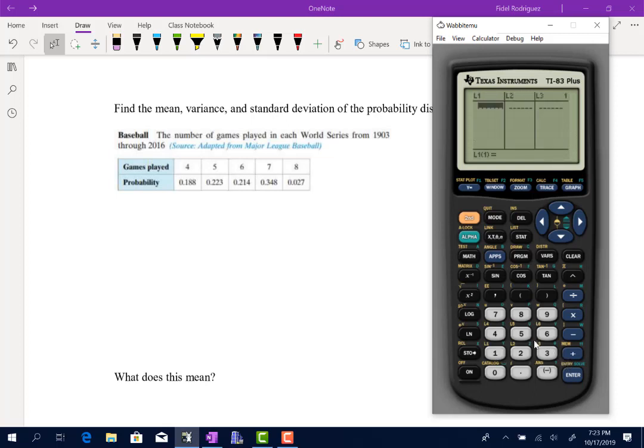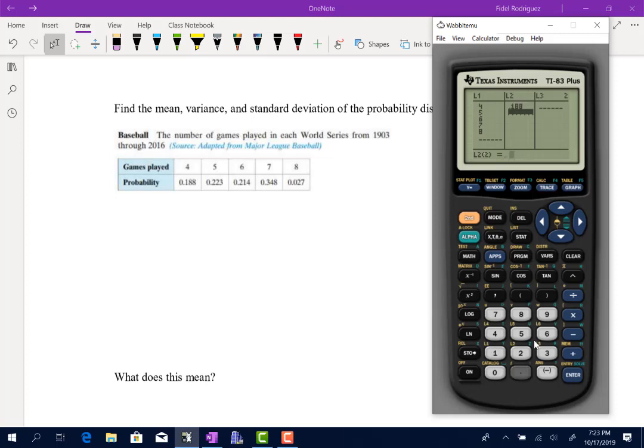Okay, what numbers should I put for my list 1? Okay, so 4, 5, 6, 7, 8. Okay, and then I'm going to go over to list 2, right? What numbers am I going to put for list 2? 0.188, right?